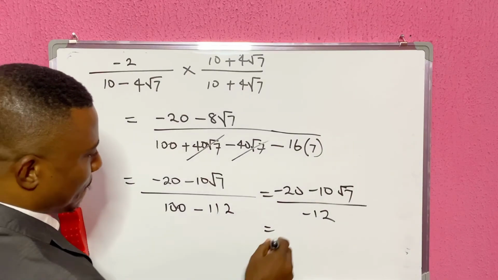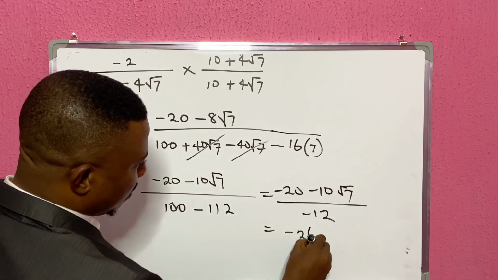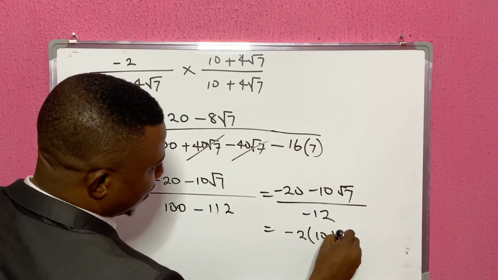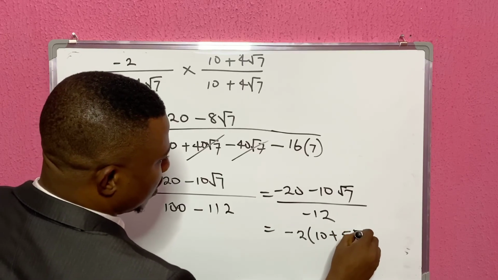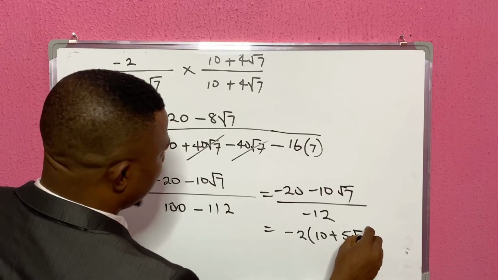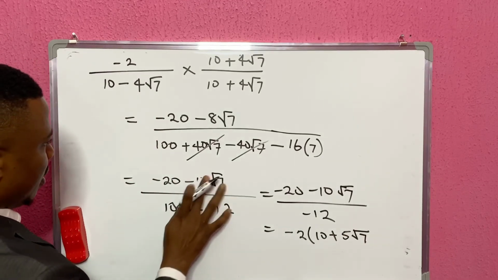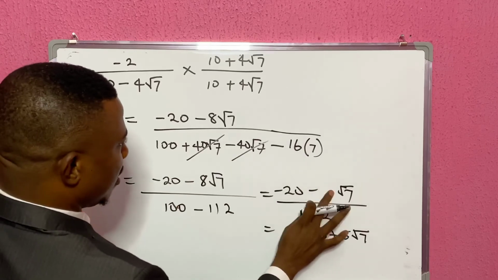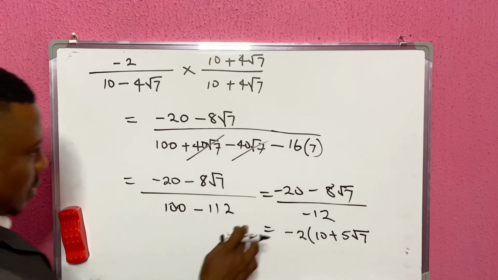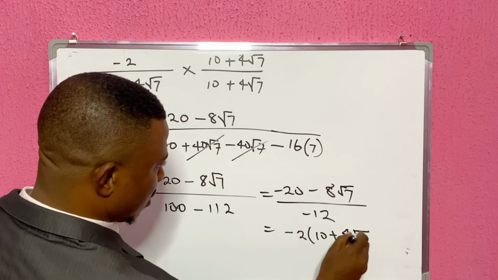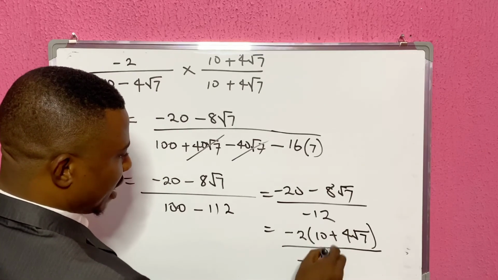I'll be having minus 2, 10 plus 5 root 7, all over minus 12.